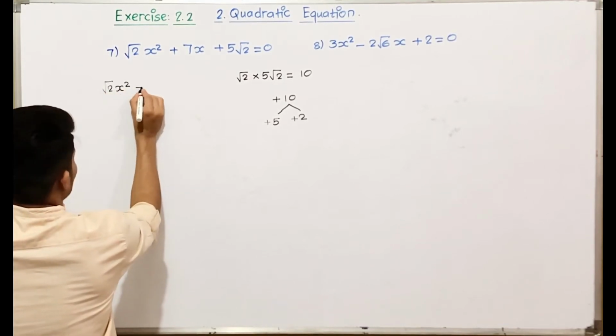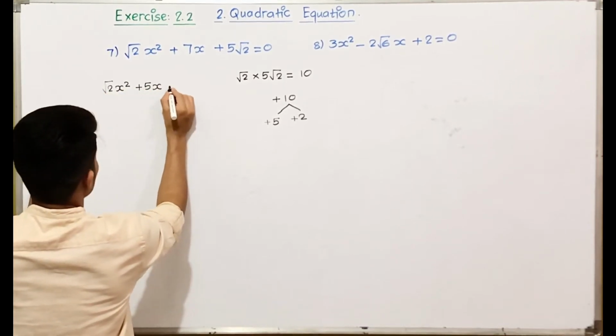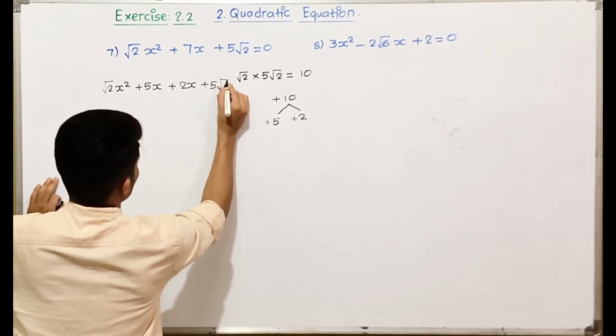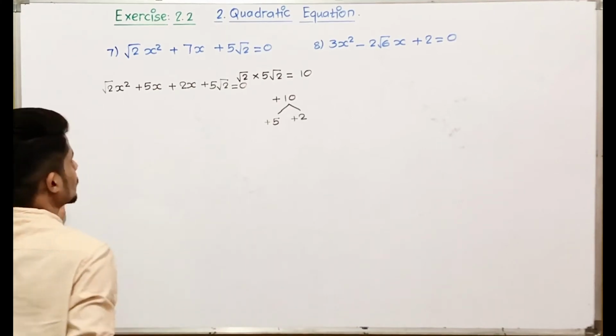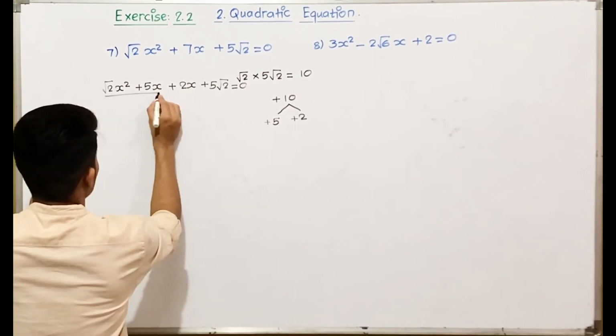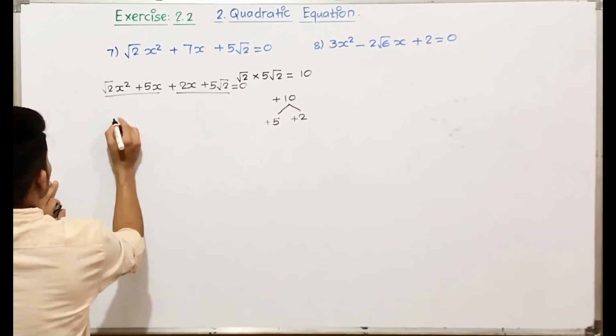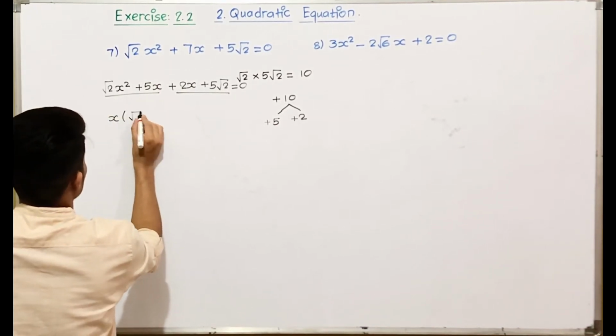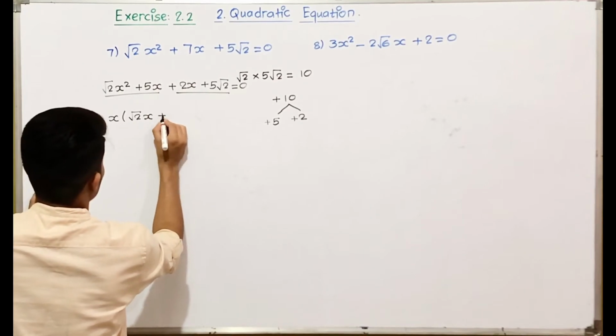√2 x² + 5x + 2x + 5√2 = 0. Now we'll take common: x is common in the first two terms, remaining is √2x + 5.